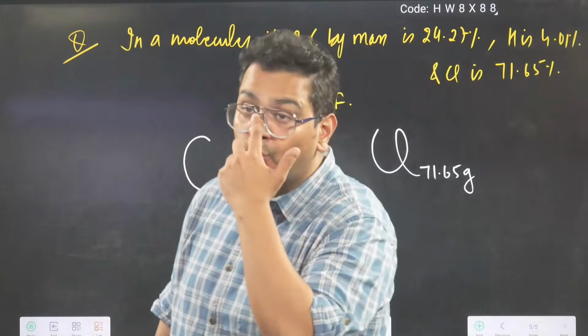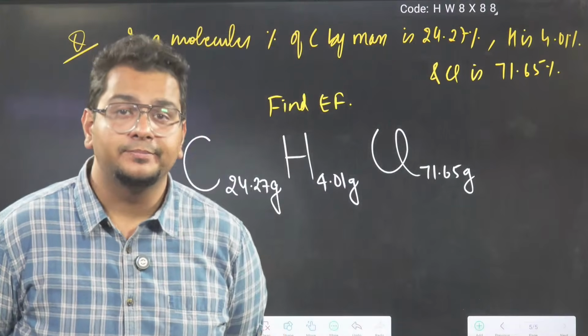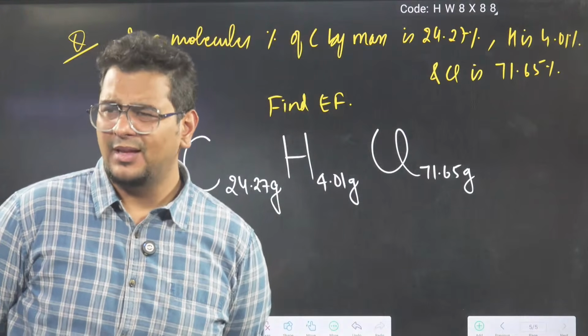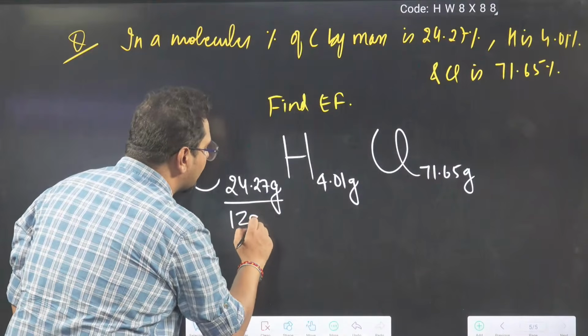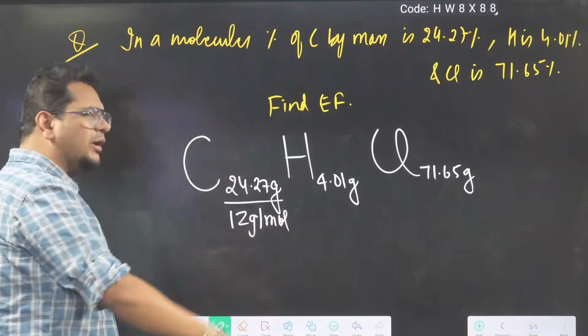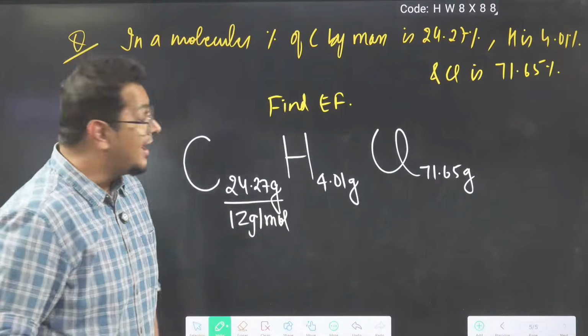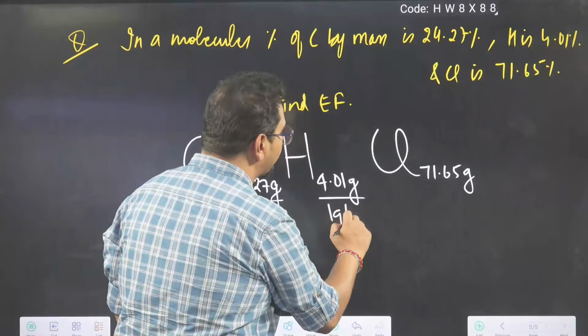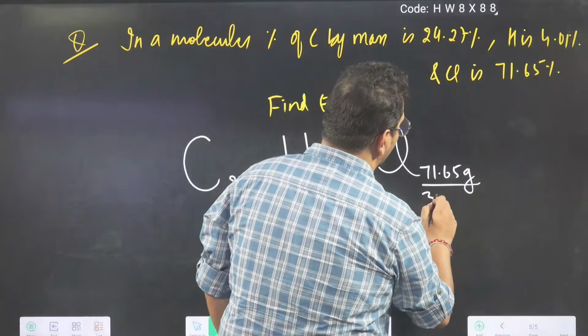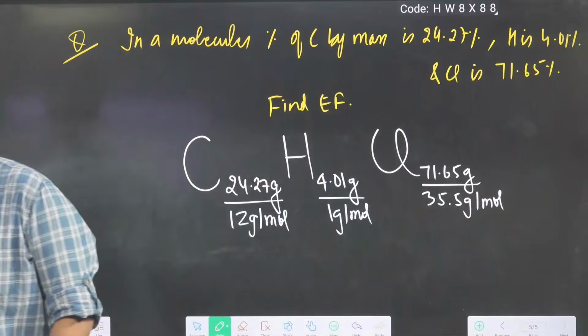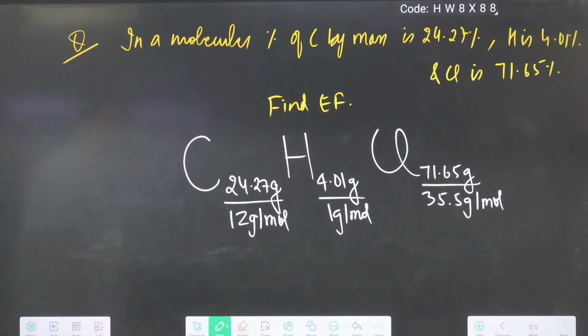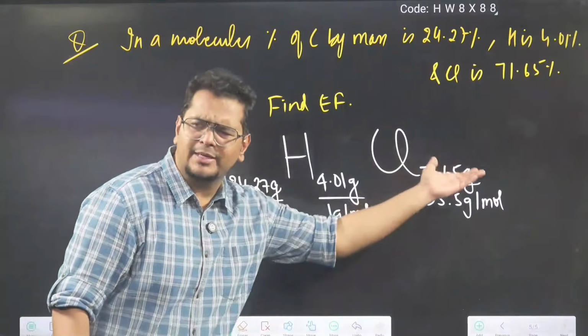Now tell me, what's the method of finding the empirical formula? Sir, find moles. How to find moles? Sir, given mass by molar mass. Carbon atom molar mass is 12 gram per mole, hydrogen is 1 gram per mole, and chlorine was 35.5 gram per mole. Given mass by molar mass.